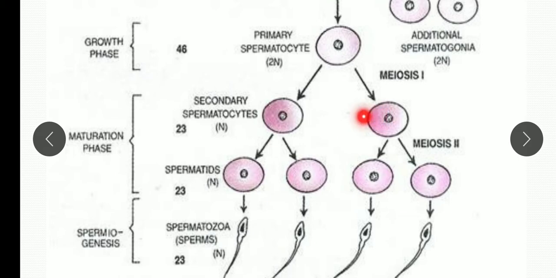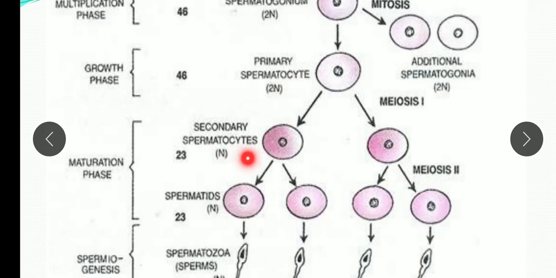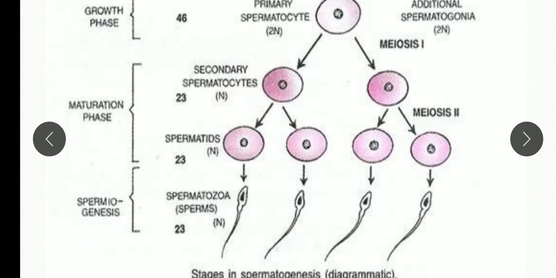Remember that the primary spermatocyte is diploid, and the secondary spermatocyte is a haploid cell. There are two secondary spermatocytes. Each secondary spermatocyte further undergoes the second meiotic division and forms 4 round haploid cells.